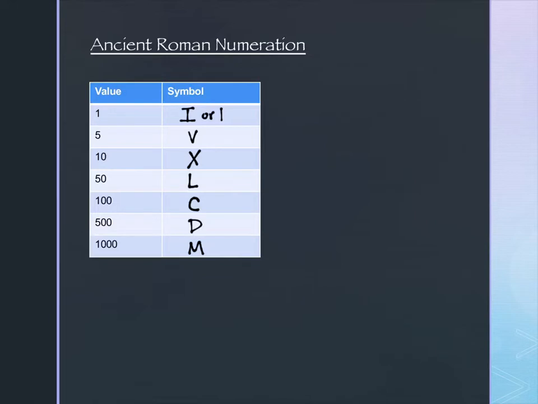There are actually several issues inside of the Roman numeral system to be aware of. I think I have a slide for it. Yep, I do. They have repetition of symbols, like the Egyptians did, but they don't repeat the symbols as many times. Like I mentioned, 99,999 is unhelpful to write in Egyptian.